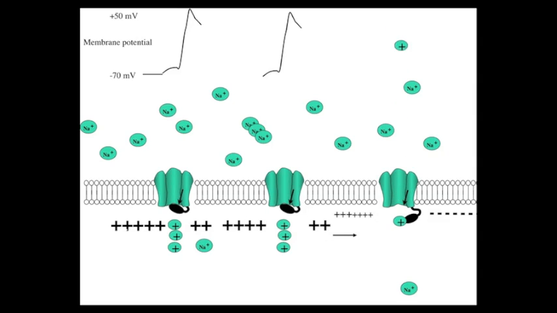And then that positive charge will spread down to the next channel and open it, causing it to spike up. And then the inactivation gate closes, and the whole sequence repeats itself. Now you can see why the signal doesn't die out. It doesn't die out because it's reproduced at each point along the membrane by the sodium channels.